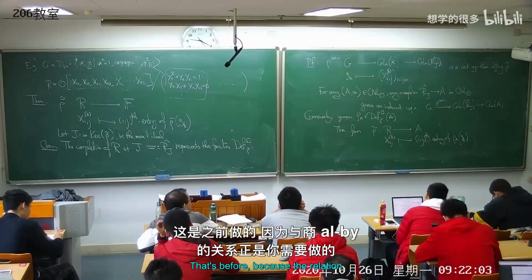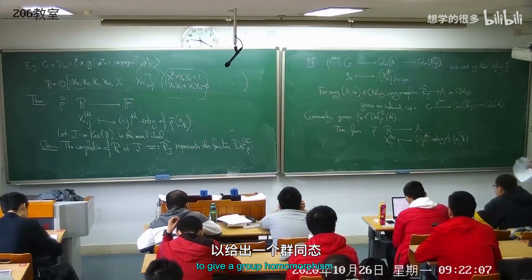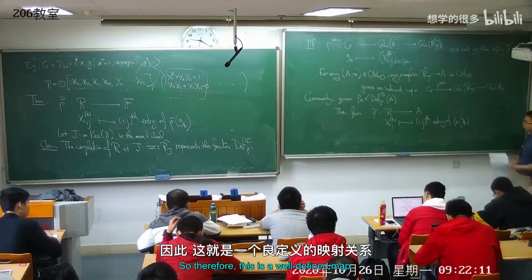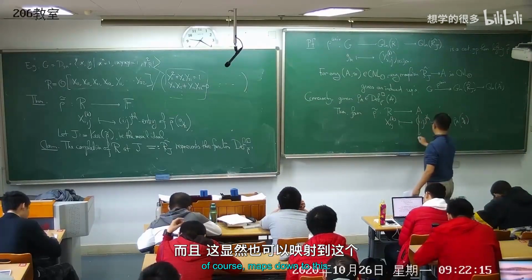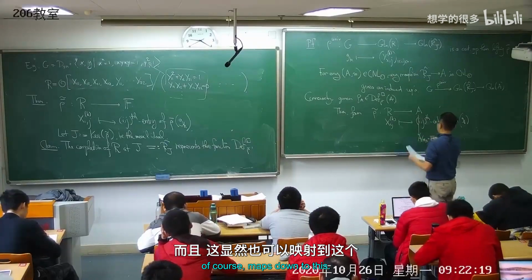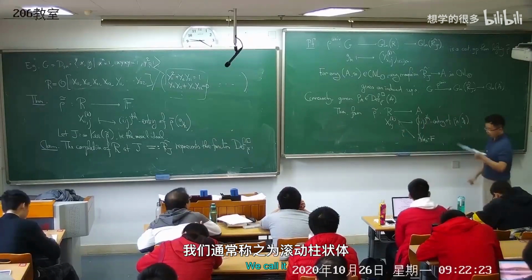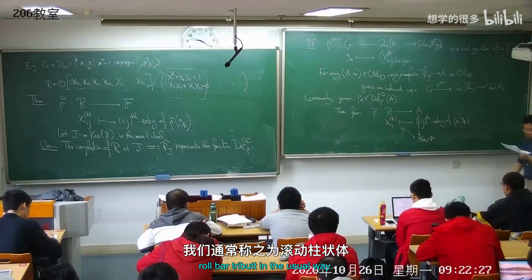As before, because the relations you quotient out by are precisely what you need to give a group homomorphism, this is a well-defined map. And also this, of course, maps down to the lift of rho bar we had earlier. Maybe call it rho bar tilde in the usual way.